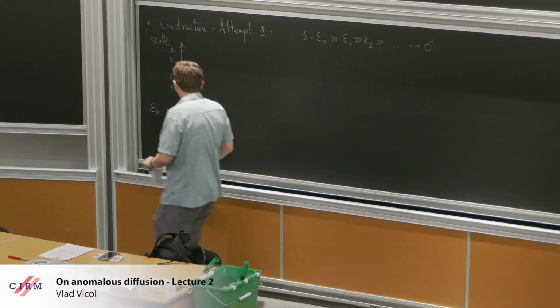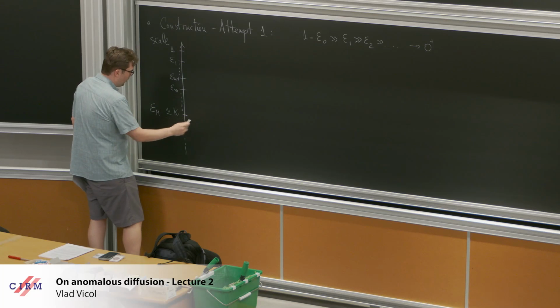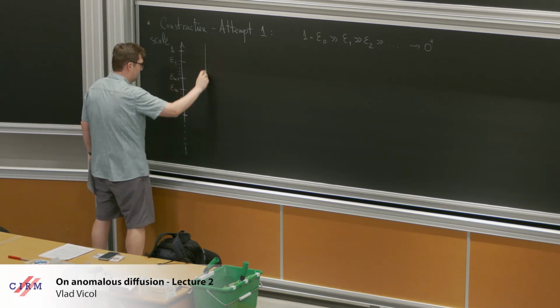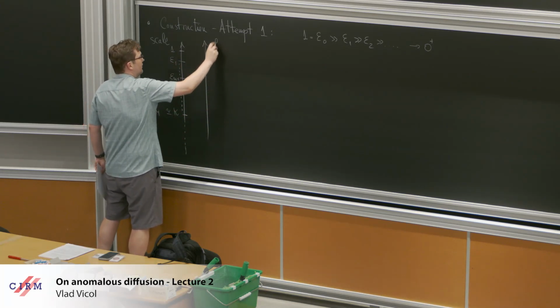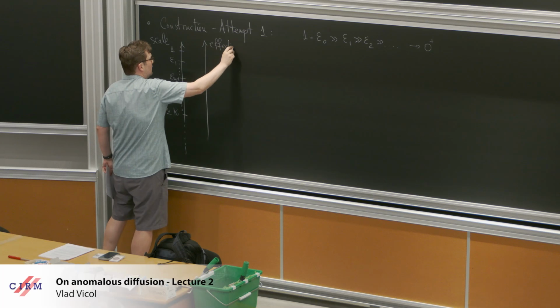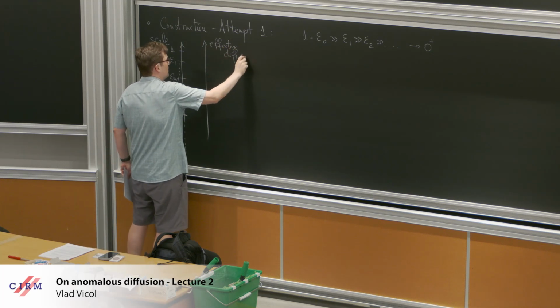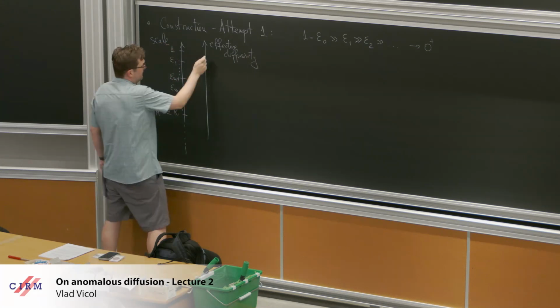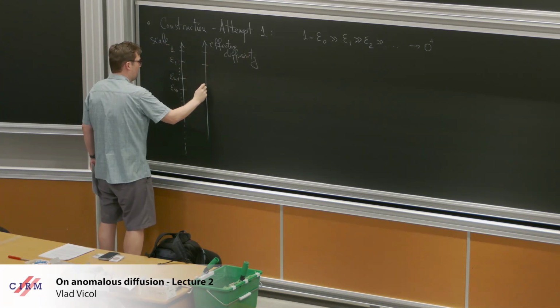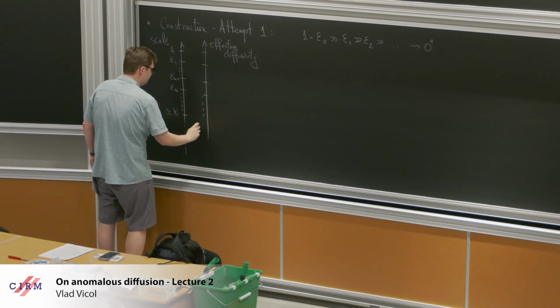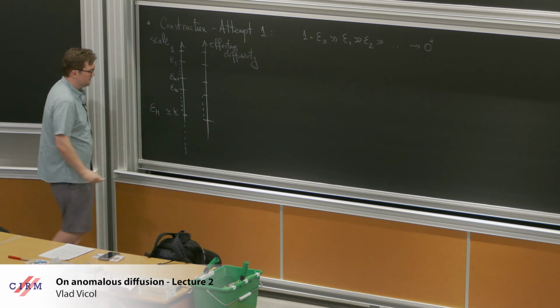So then what you would like to do is perform, okay, so this is the scale, and now the effective diffusivity at that scale. And the effective diffusivity here is kappa.